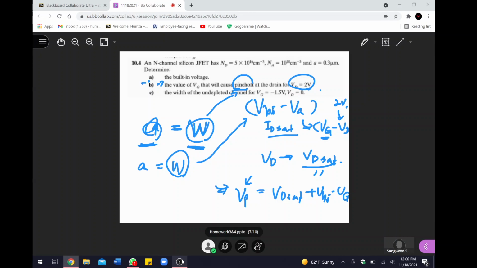As I mentioned, VA we define as VG minus VD, right? And then VD is given. So if you plug in this one, you can get VG.